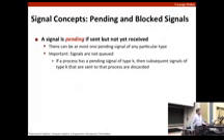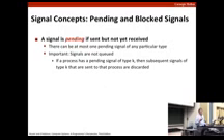Now we say that a signal is pending if it's been sent by the kernel but not yet received. At any given point in time, there can only be one pending signal of any particular type. This has very important consequences for using signals, because you can't queue signals up.